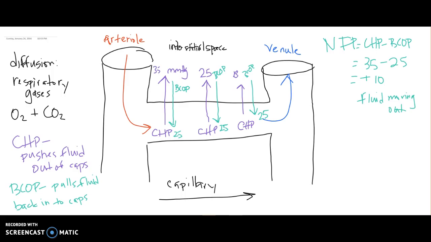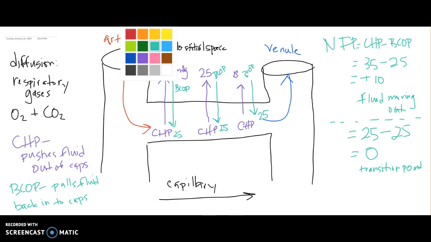At the second spot, in the middle, we have a CHP of 25 and a BCOP of 25, which means my net filtration pressure is 0. This is referred to as the transition point, because this is where I'm transitioning from pushing fluid out to pulling fluid back in.